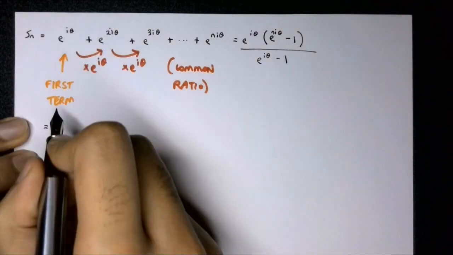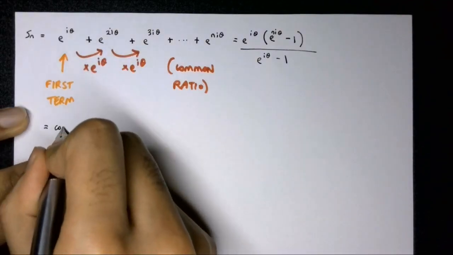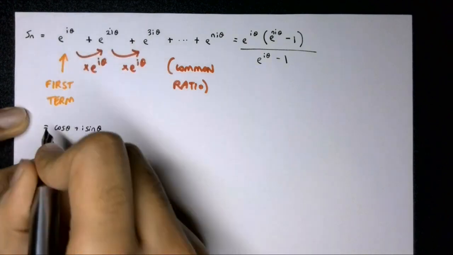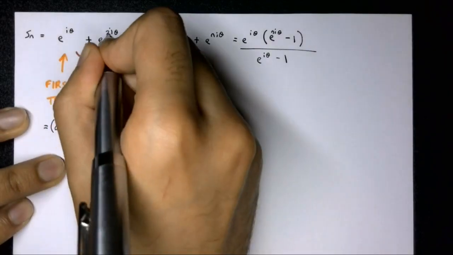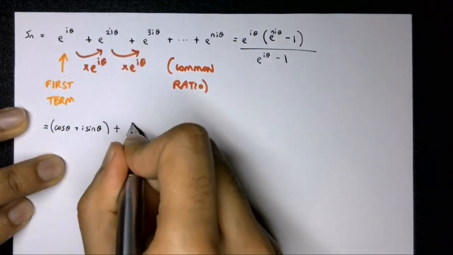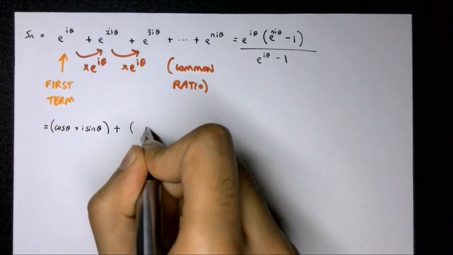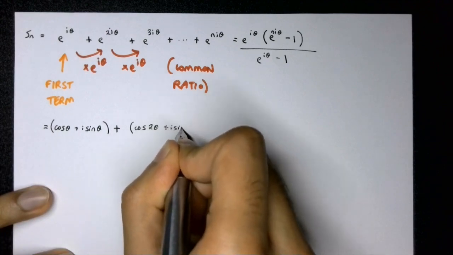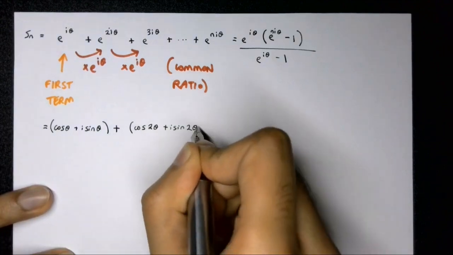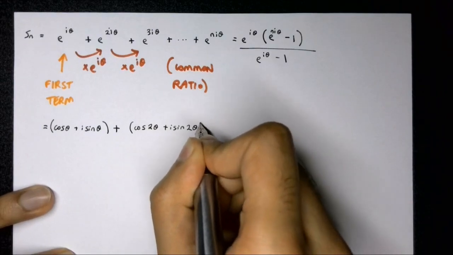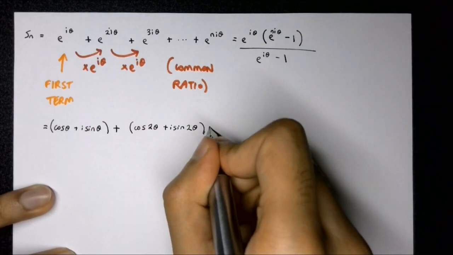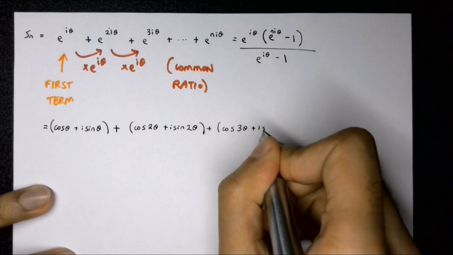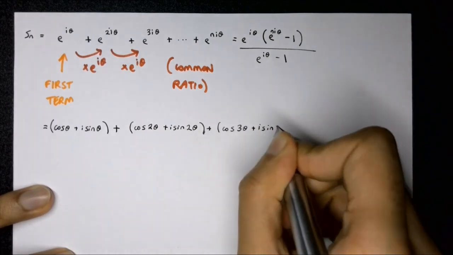We have here cos theta plus i sine theta, okay, so that's this term here. e to the 2i theta, that's going to be using De Moivre's theorem, cos 2 theta plus i sine 2 theta, okay. For this term over here, we have, again using De Moivre's theorem, cos 3 theta plus i sine 3 theta.